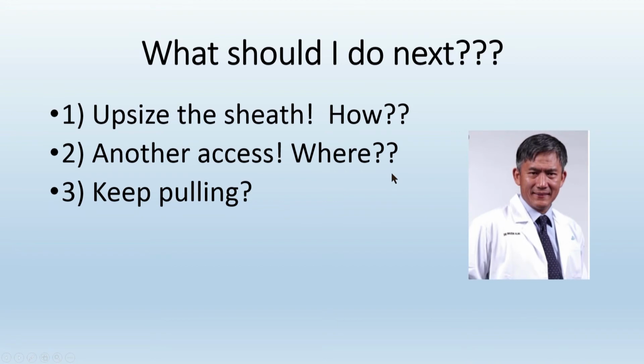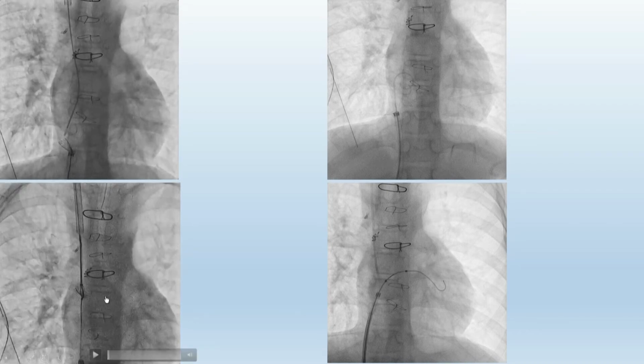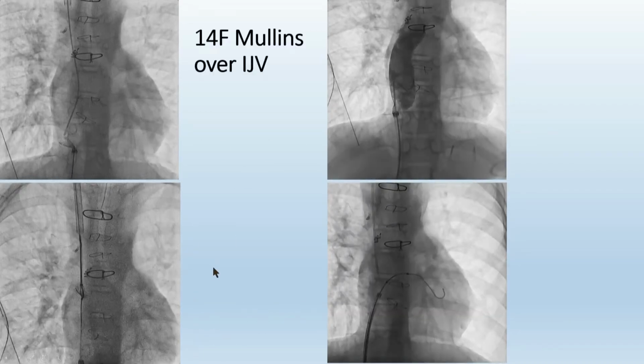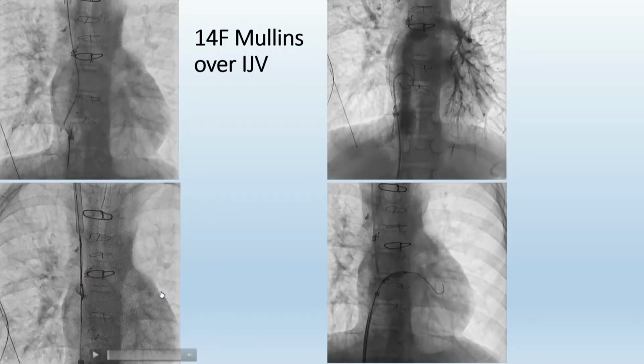Okay, just a simple instruction: put a 14 French sheath into the jugular vein. So this crossed into the Glenn, and then try to snare, open up this 25 millimeter gooseneck snare. And this one was caught.